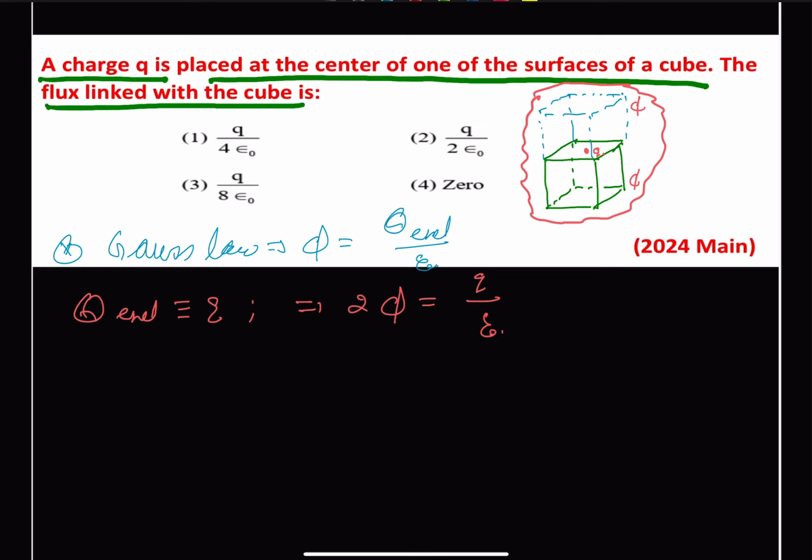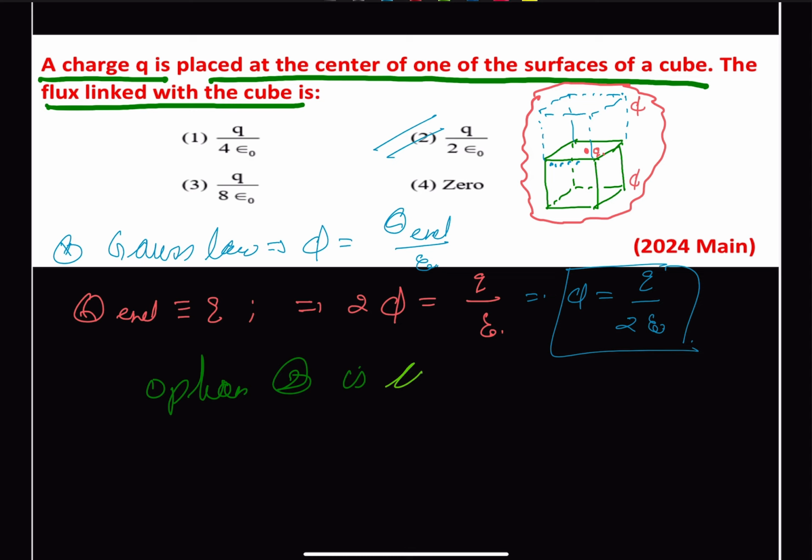So the flux associated with the original surface will be phi is equal to Q upon 2 epsilon naught. So option number 2 is the correct one.